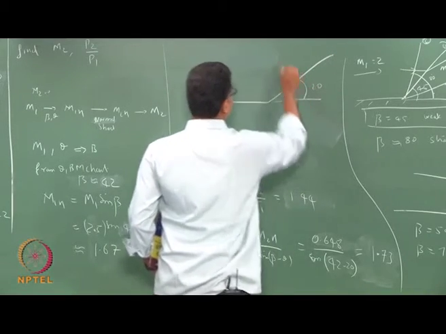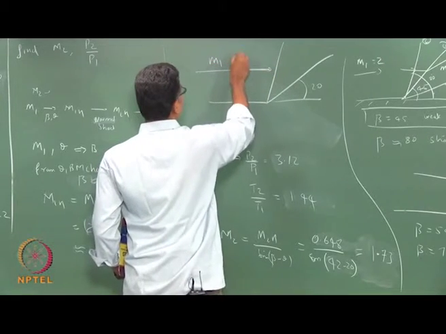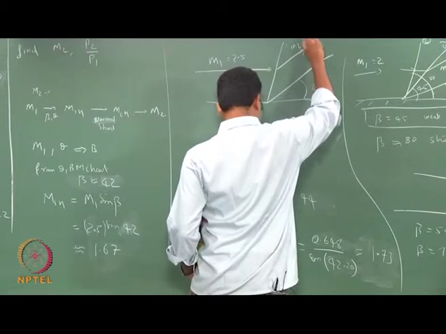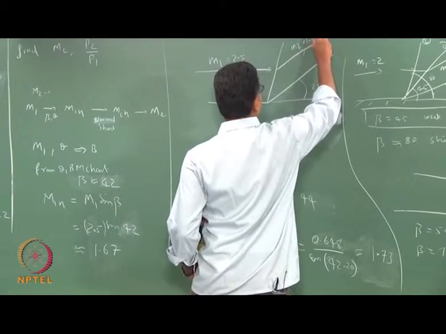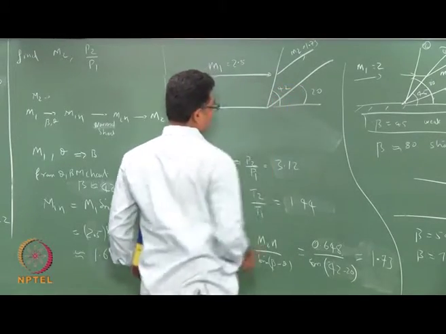So, this is 20 degrees, I have M1 of 2.5, M2 of 1.73 and beta is 42 degrees.